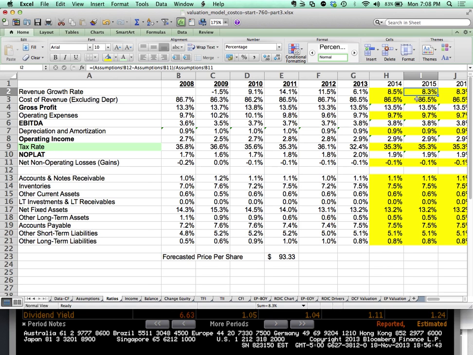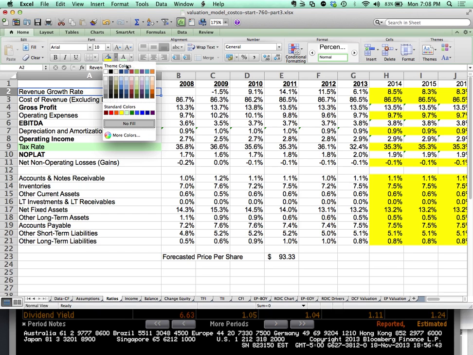So now I have the revenue. Last point I need is the expenses that match the operating profit to give me the NOPLAT, because again, I'm forecasting gross cash flow. So I'll make this one kind of that greenish color.